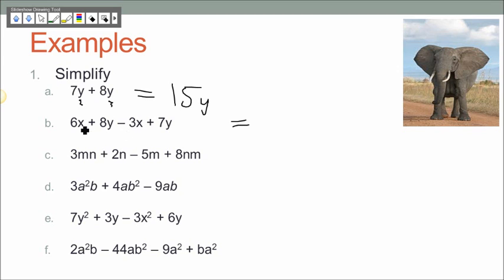Now as soon as you start having a look at questions which contain more than one letter, I explained this last year, but what I like to do before I begin is get either a highlighter or a pen and highlight or draw shapes around the like terms. So if we start off at the beginning, our very first term is 6x. So I'll go through and look for another term which has a like term, which is an x.